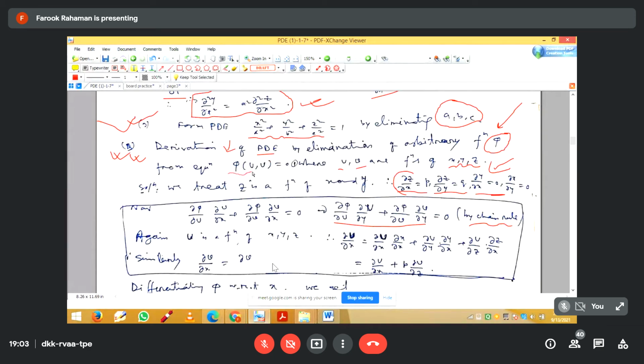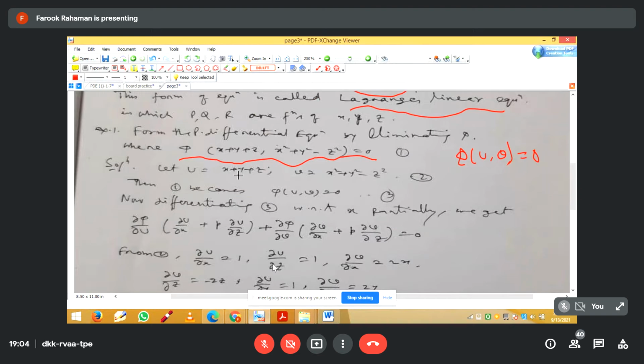Phi is a function of u and v. Luckily, u and v are given by this expression. This is our u and this is our v, so phi is a function of u and v given by this formula.